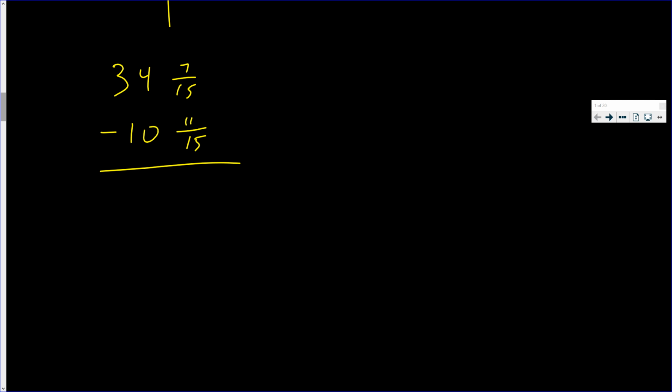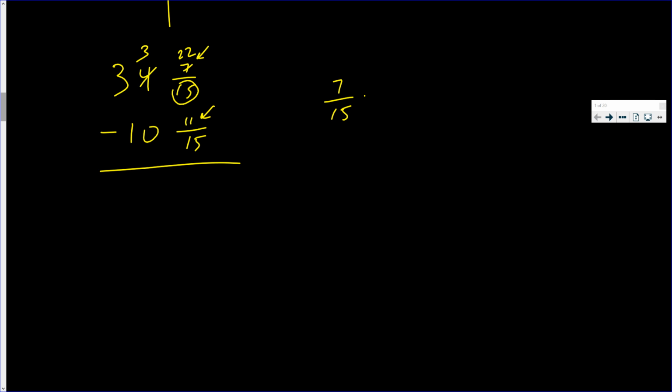Well, you only have 7/15, and here you're trying to take away more, trying to take away 11/15. So you need to borrow. So you borrow from the 1s, and now you have to add 1 to the 7/15. That means just add 15 to the top. Get 22. And let's see if we're right.